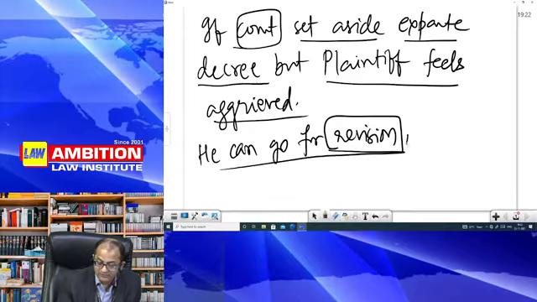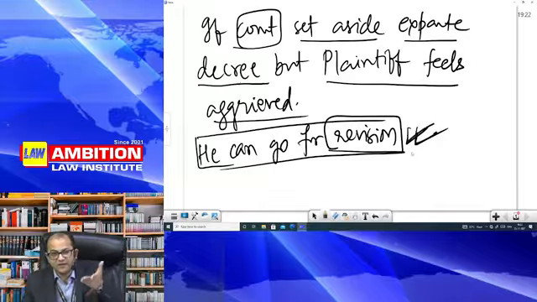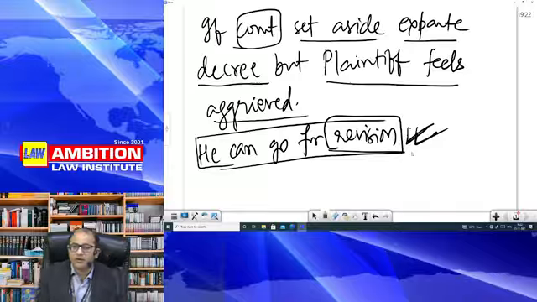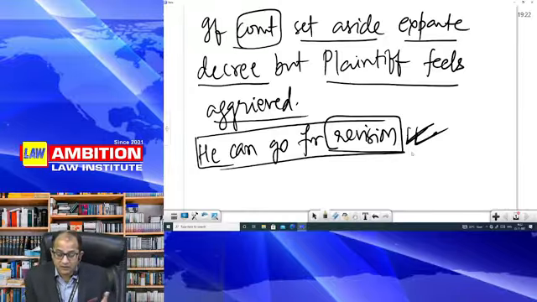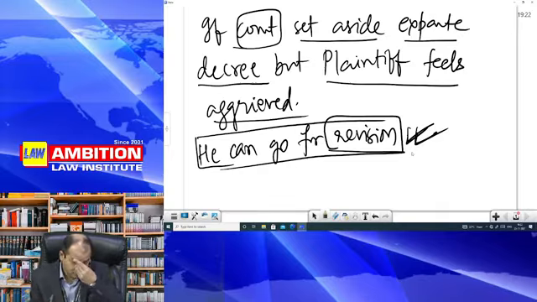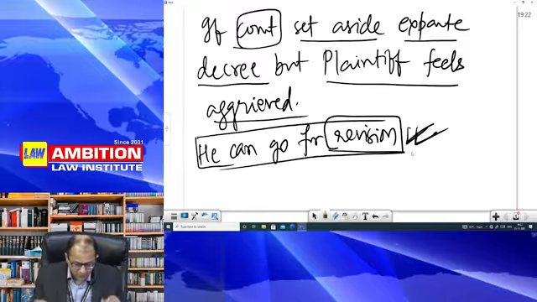In the absence of any other provision, you cannot answer anything else. So he can go for revision. He can always raise a question that the court has exercised its jurisdiction improperly, or exceeded jurisdiction, or did not exercise jurisdiction properly. So that can be a ground for the plaintiff. Is this clear?